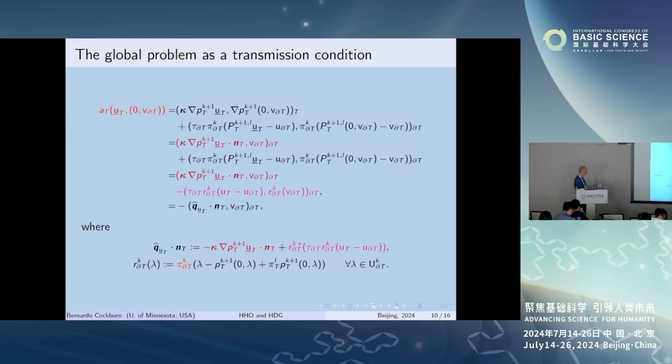let's proceed this way. So first of all, this is by definition of A. So A is this grad, UT, and 0 VT because of that. So this is the consistent part, and this is the stabilization part. And now I use the definition of this to write this, okay?